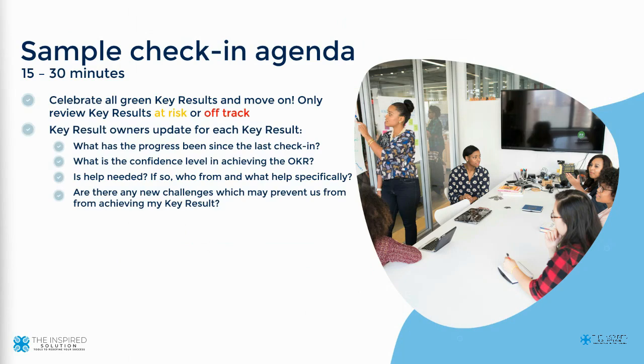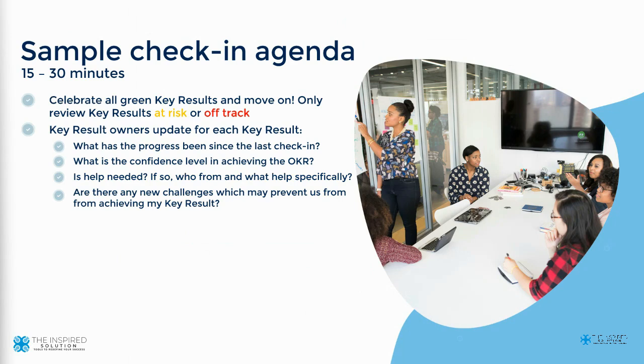Then work through with the key result owners prepared, so that when they're discussing those key results that are at risk or off track, they have answered these questions. They know the status of the initiatives before the meeting, and they're not pondering and trying to come up with answers during the meeting.